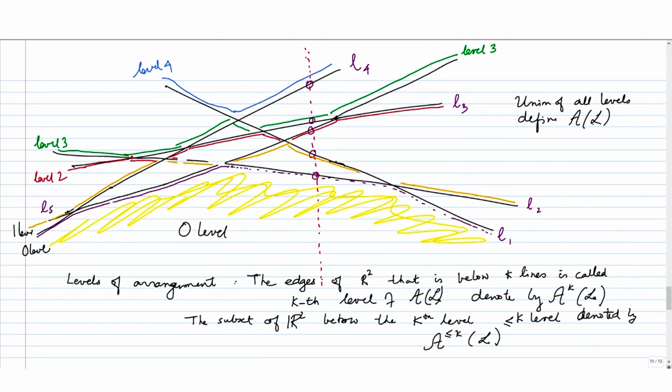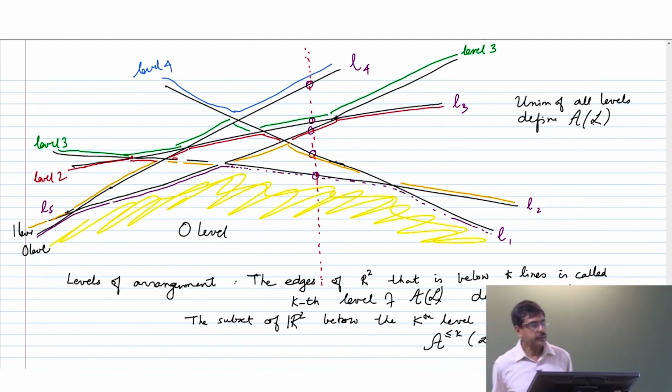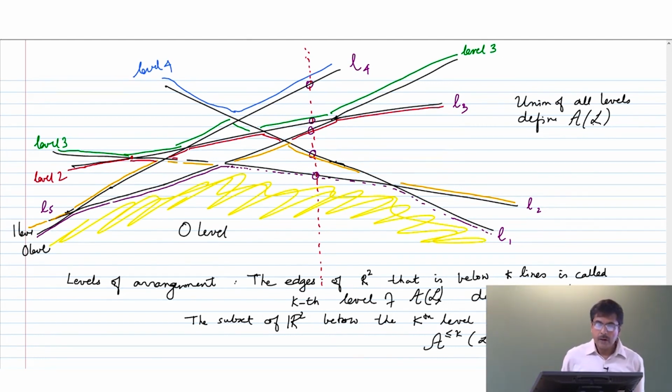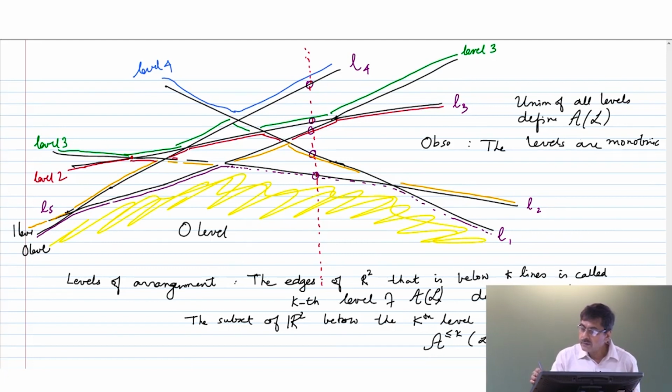Now, what are the properties of these levels? Why are we even interested in defining the levels? That is the question. So, one observation that you may notice is that the levels are monotonic chains, monotone with respect to x.